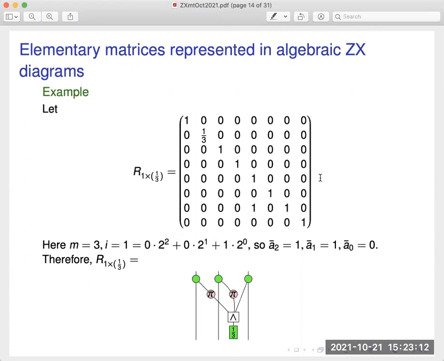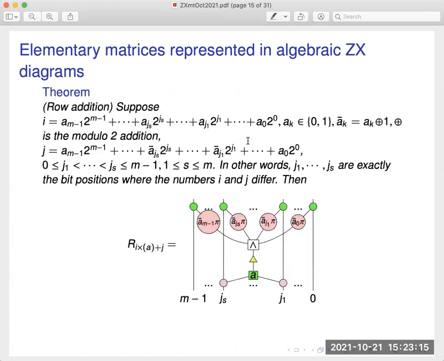Okay, and next, row addition. Row addition means for the ith row, I multiply by a and add to the jth row. How do I represent it? Also, I use the binary expansion of both I and j.